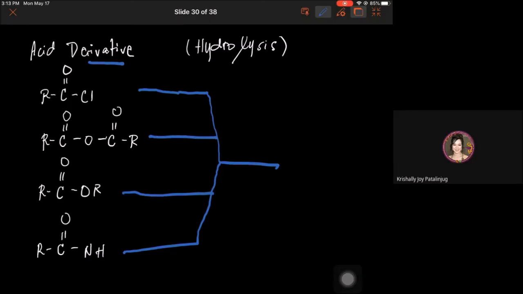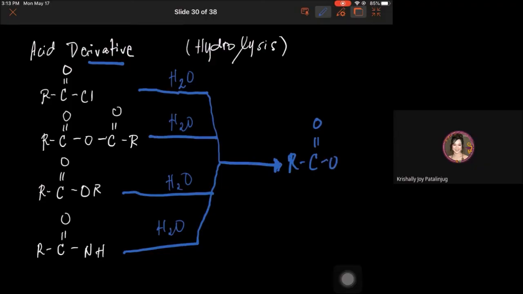So let's say they are being reacted with water during hydrolysis reaction. The major product is, of course, carboxylic acid.